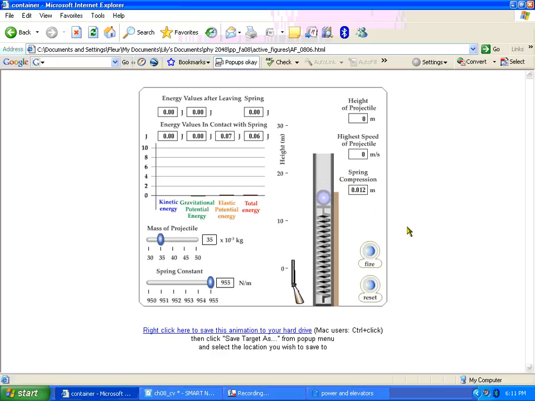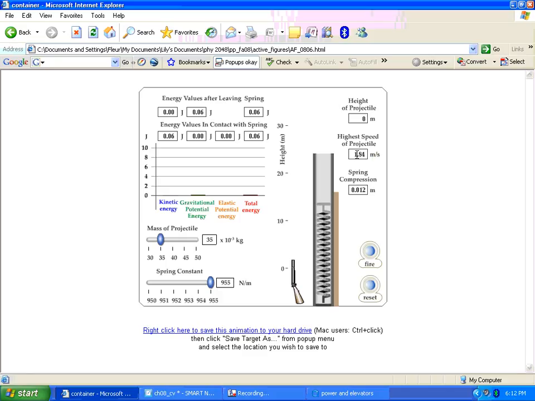Let's see what we get. So let's fire our projectile. And what do we see? The highest speed of the projectile, in fact, well, we haven't learned very much here.